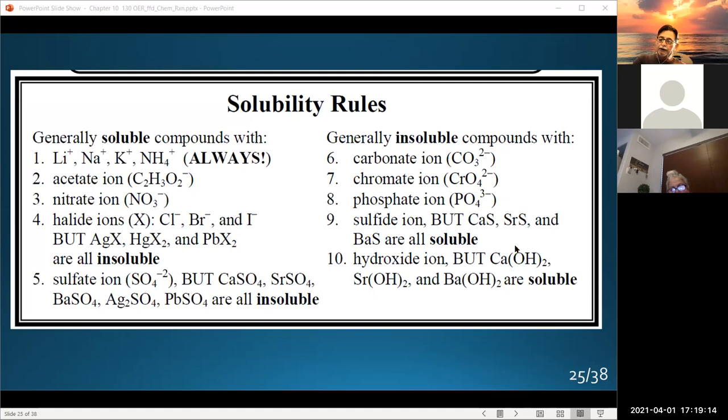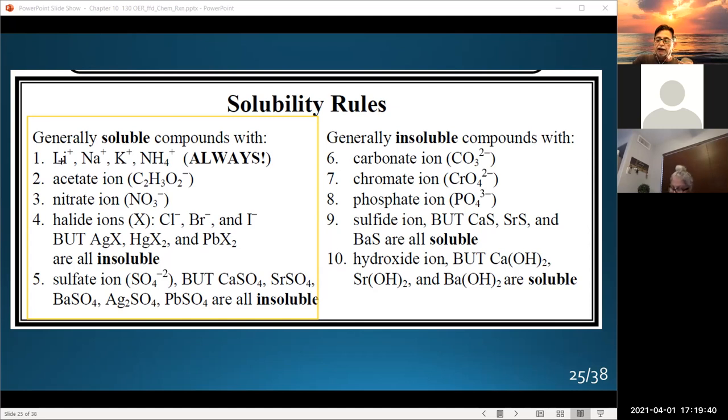We're going to look at the solubility rules. Now, I know it's been a while since we looked at it, so I'm going to very briefly go over it quickly just to refresh your memory. Remember, we have two columns here, okay? We have the left side column, which is the soluble column. Now, with respect to number one, notice that all of them are cations.